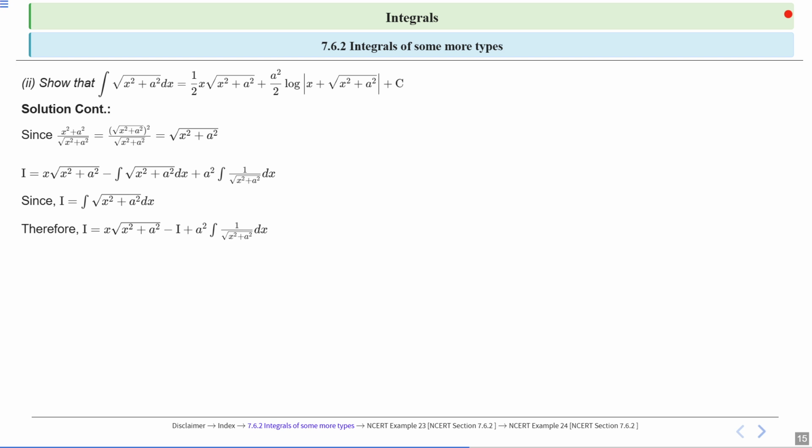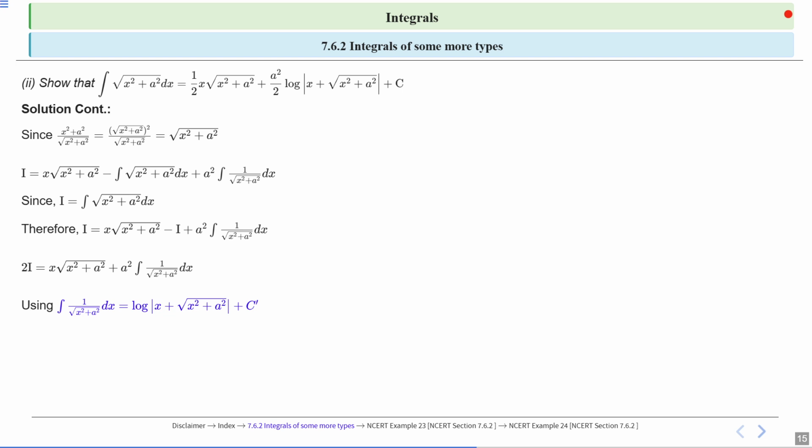And this is a special case. We know the formula of integration for this, that is, the integration of 1 by root under x square plus a square dx is log mod x plus root under x square plus a square plus the constant of integration.